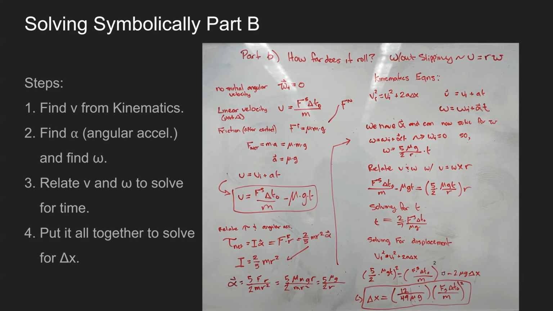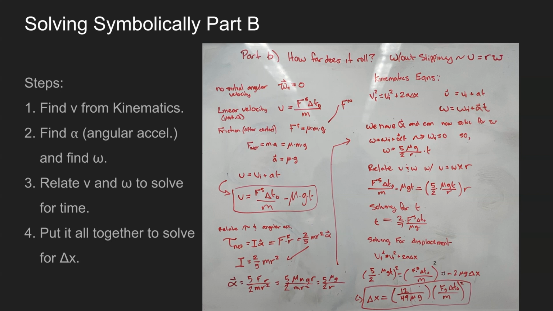Doing this, we get m to cancel out, so a is equal to mu times g, which is perfect. Now we have everything that we need to solve for velocity. Just by plugging everything into the first kinematics equation I mentioned, we get velocity equals the force of the strike times the change in time over m, minus mu times gravity times time.